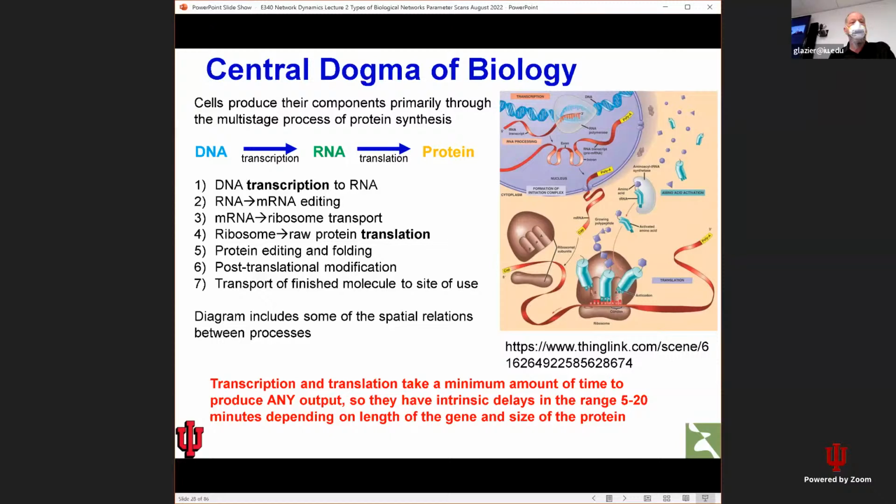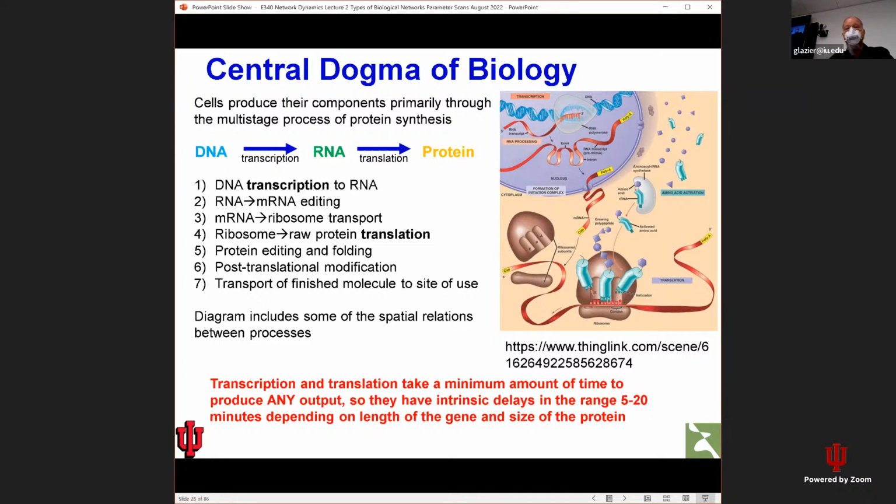But fundamentally, both of those steps take a fixed amount of time, given the length of the protein. The post-translational modification and the transport also take some time. And so from the time you start transcribing a gene to the time you have any protein from that gene is typically an absolute minimum of 5 minutes. It's typically 10 to 15 minutes.